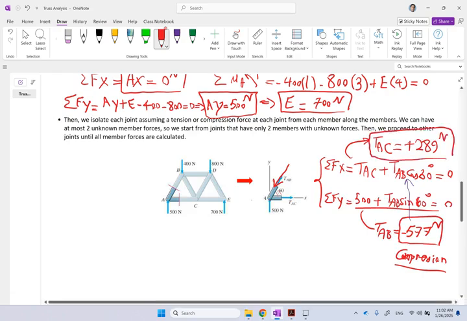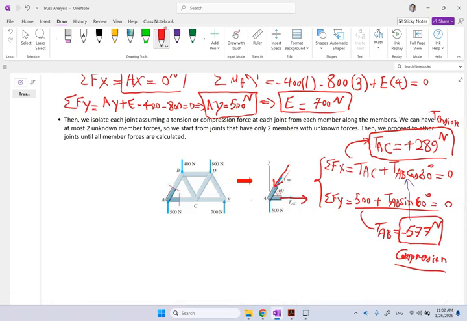Since you assumed positive and it is positive, this member is actually correct; the assumption of it being under tension holds. So this member is actually this way, that member is like that. There we go. So I found two of these unknowns. So far, these two members are determined. How many more to go? 5 more to go: 1, 2, 3, 4, and 5.